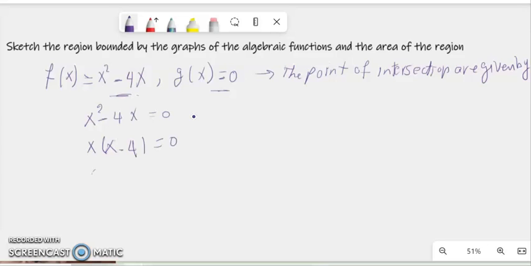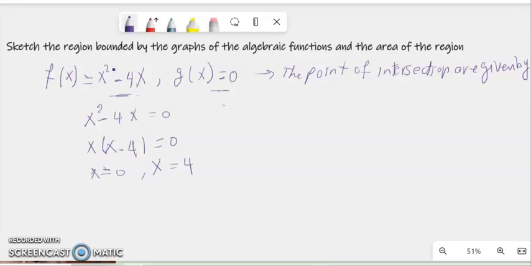So either x equals 0 or x equals 4. Okay, so now we know our limits, x equals 0 and x equals 4.